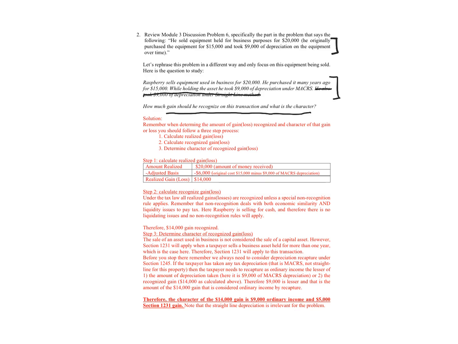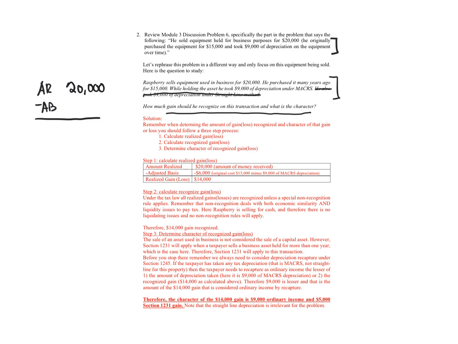All right, so the first part, we do amount realized minus adjusted basis. So amount realized is what you're getting. So here Raspberry is going to get $20,000, right? Cash. He's selling. Sale is cash. So $20,000 is what he's selling for. He purchased it many years ago for $15,000. While holding the asset, he took $9,000 of depreciation.